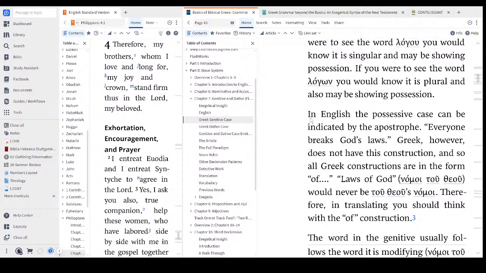Greek, however, does not have this construction, so all Greek constructions are in the form of laws of God. Nomoi tou theou would never be tou theou nomoi. Therefore, in translating, you should think of the of construction.